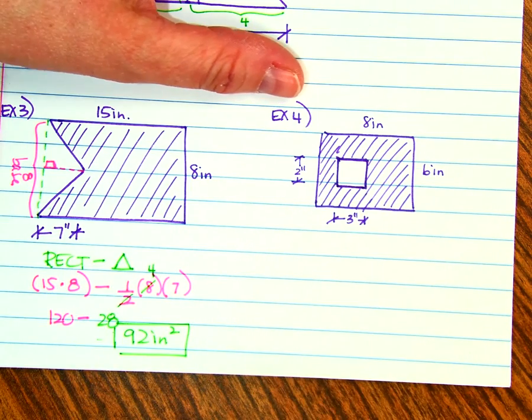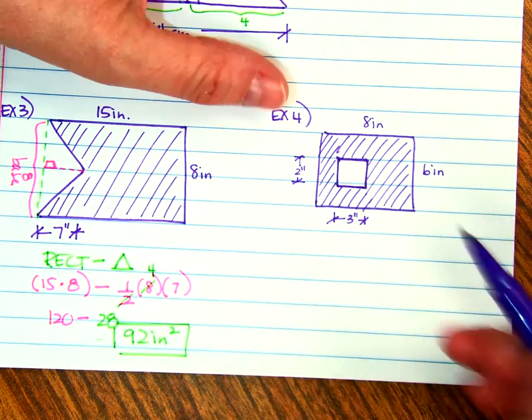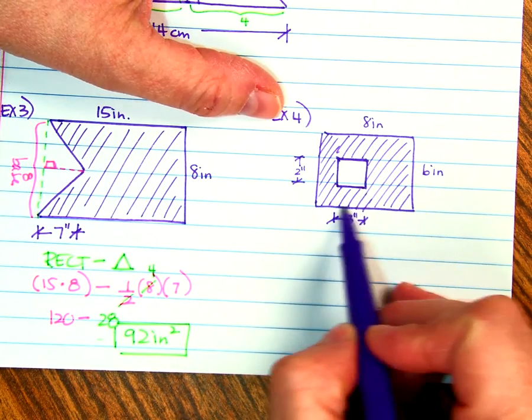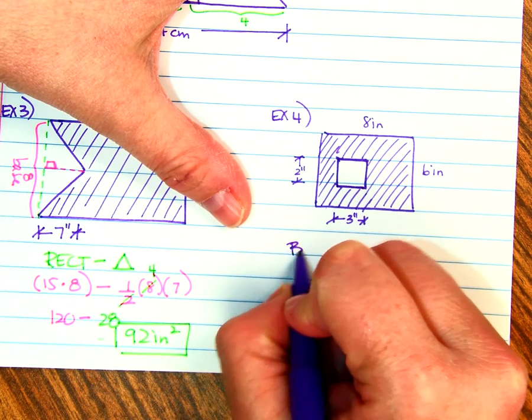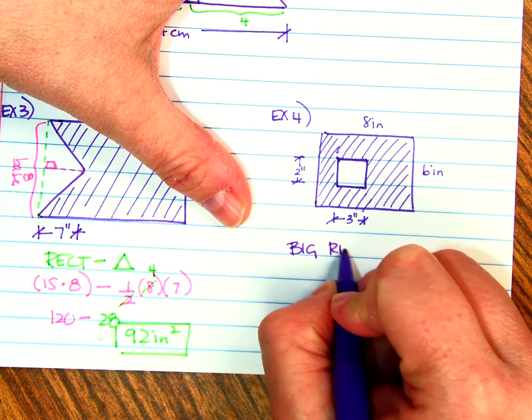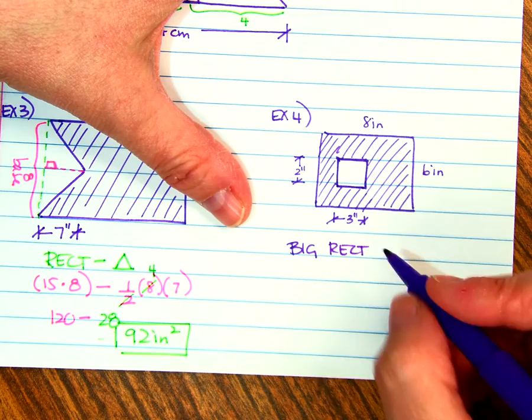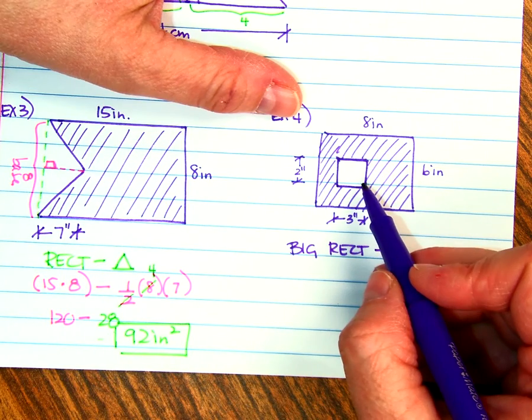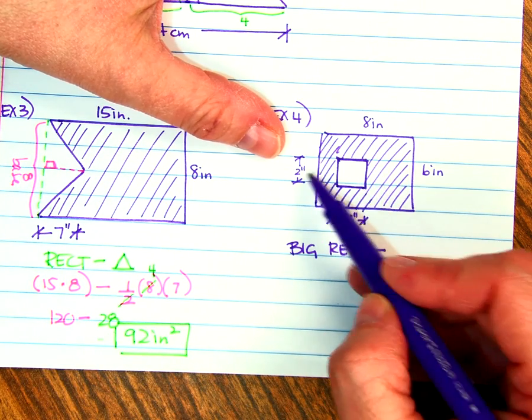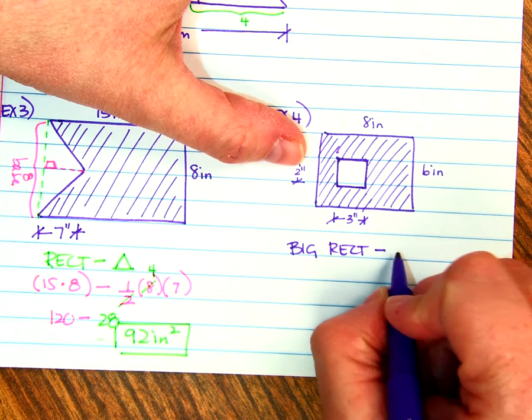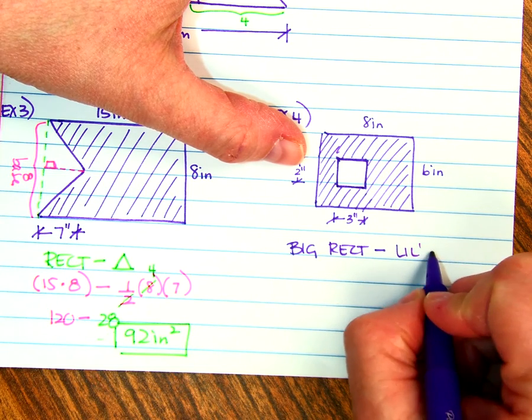Okay, so I don't want to pay for that extra tile. So again, what I'm seeing is a big rectangle. I'm actually going to write big rectangle. And I'm going to subtract. It sure looks like a square, but it's a 2 and a 3 measurement, so I know it's not a square, so it's going to be the little rectangle.